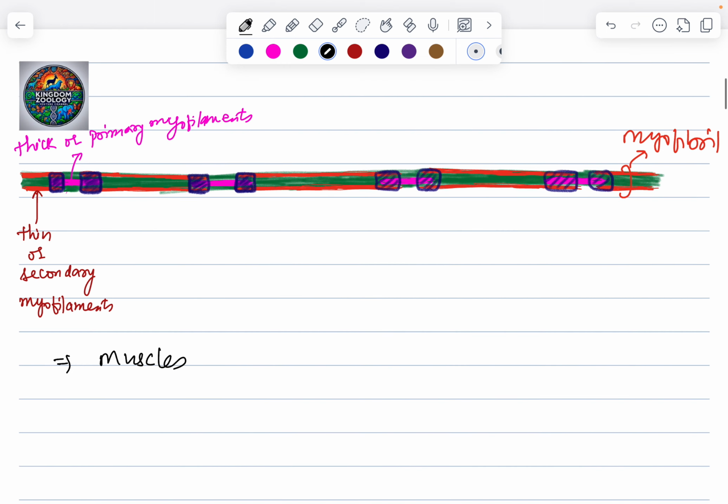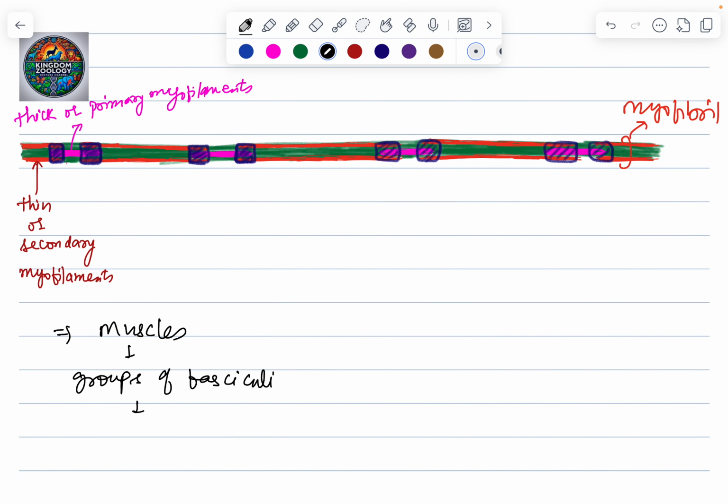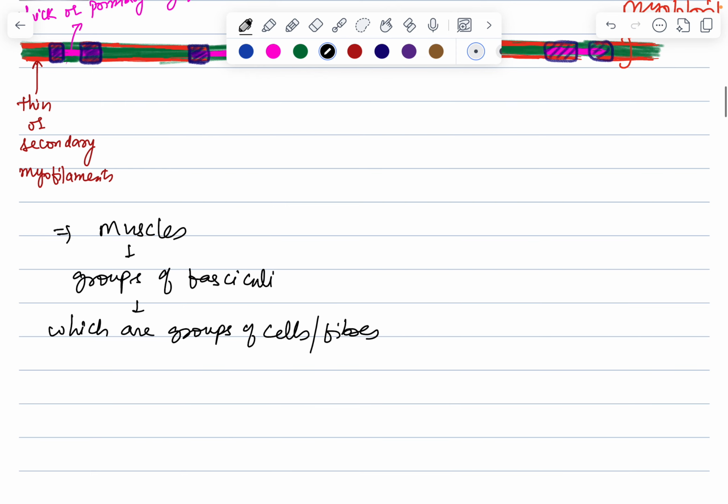and as we discussed earlier, I'll just give you a quick recall in written form also. Muscles are groups of fasciculi, which are themselves groups of cells or the fibers.